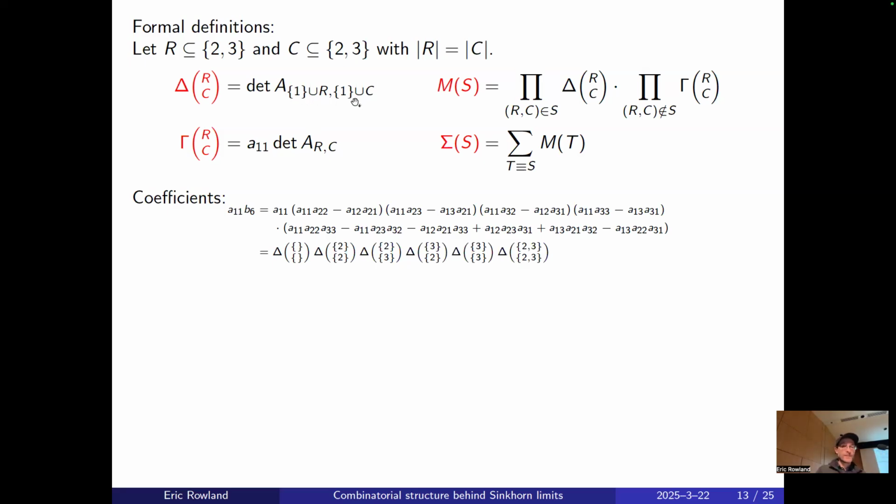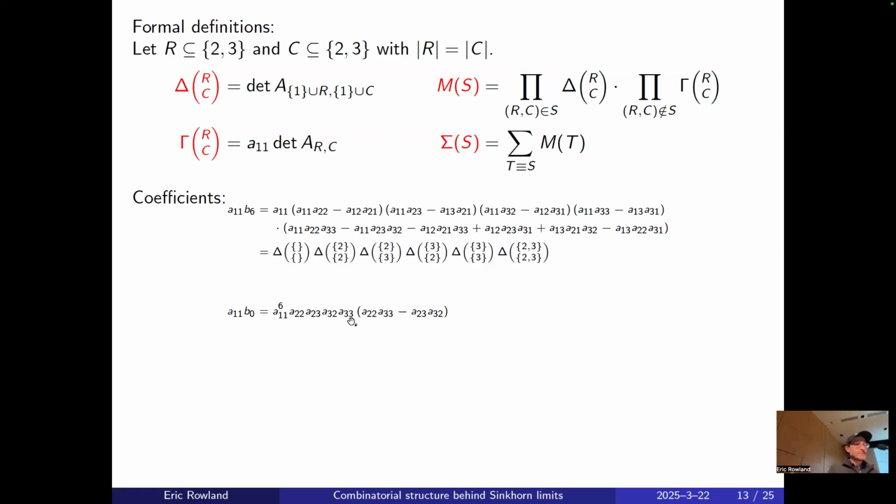That's what these unions do. And then we take the determinant of that submatrix. So for example, this one, delta 2, 3, 2, 3, is saying take rows 2 and 3 from the matrix in addition to the first row, columns 2 and 3 from the matrix in addition to the first column, and take the whole determinant of that. So that's the determinant of the whole matrix here.